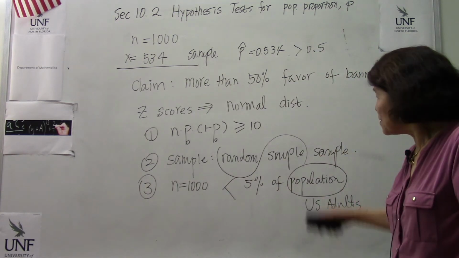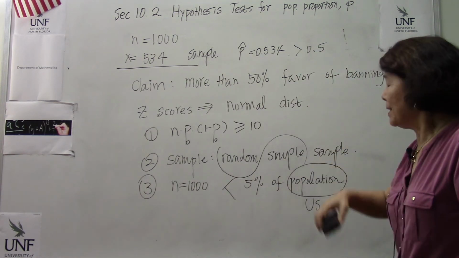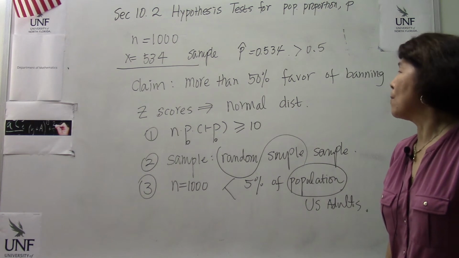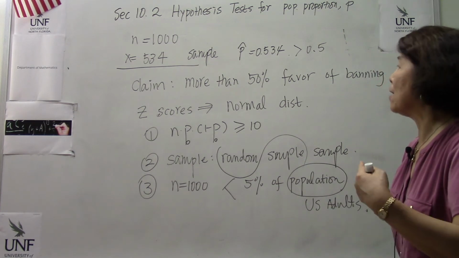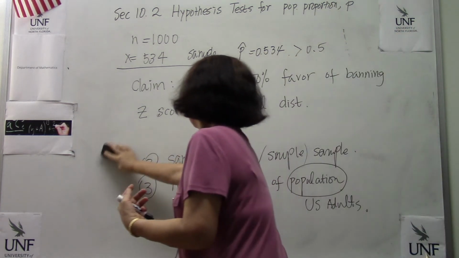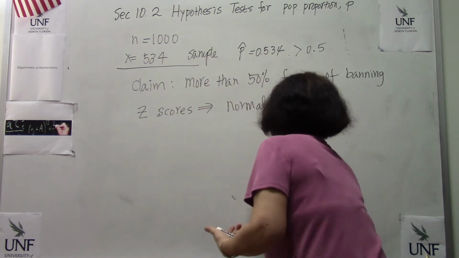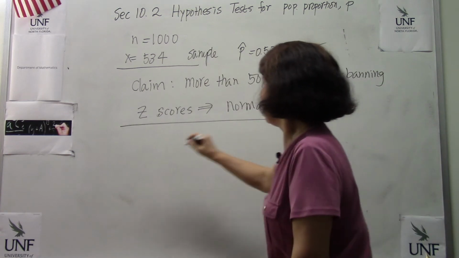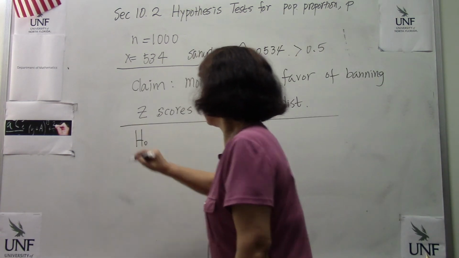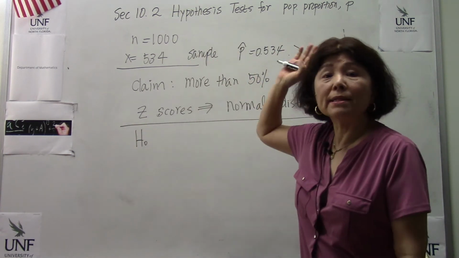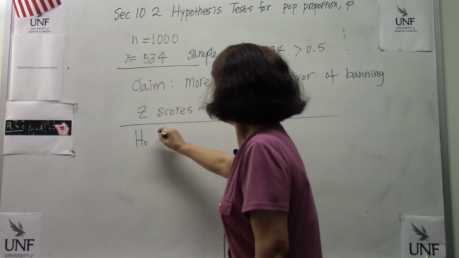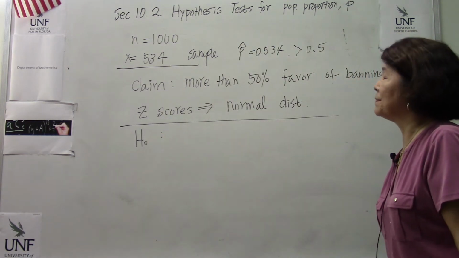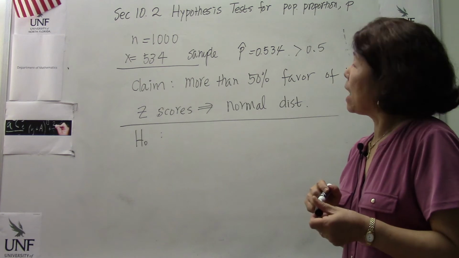So once we establish this, we are going to state now formally, okay? So what do we state? We are going to pick up what H naught is. H naught is what? Always equality. Well, this is kind of a little bit of an awkward case.